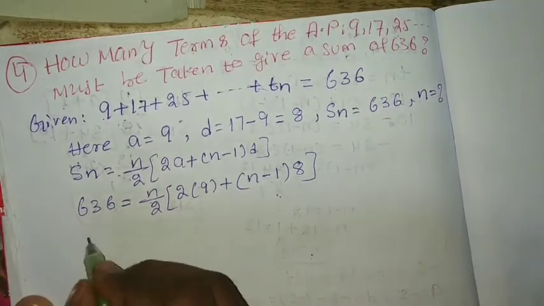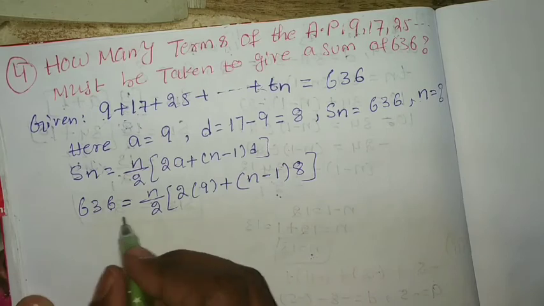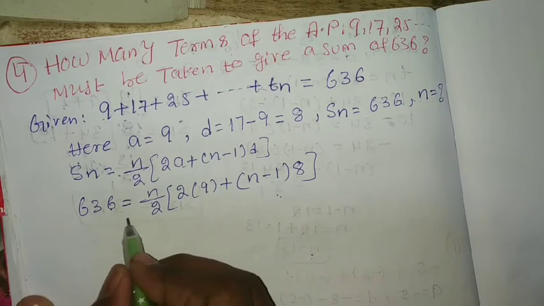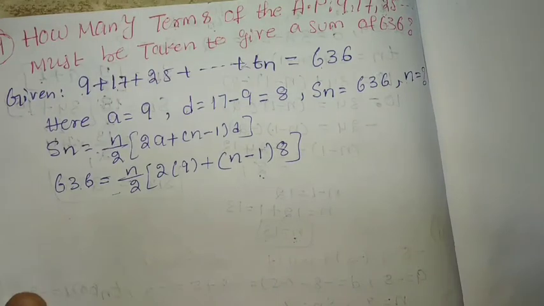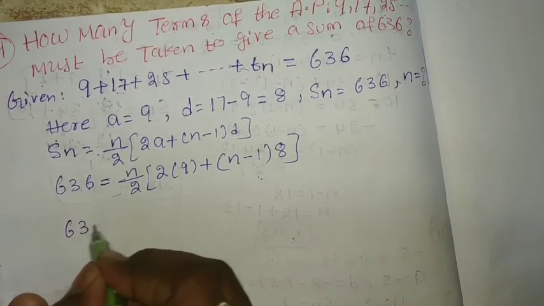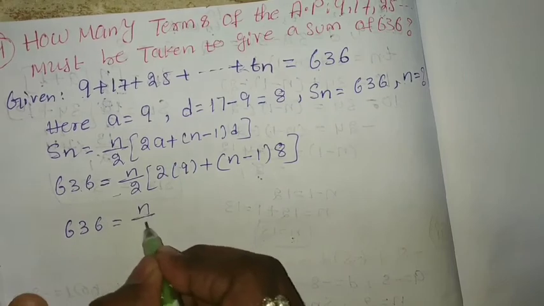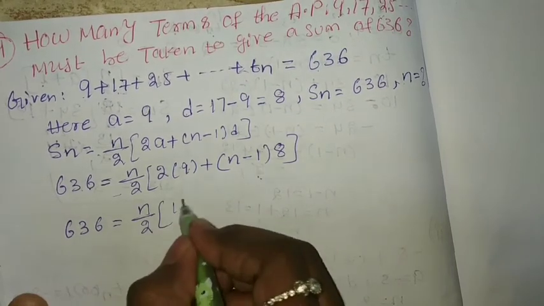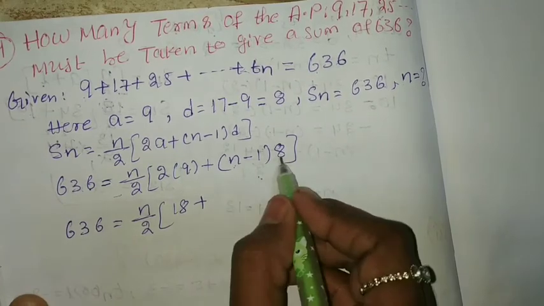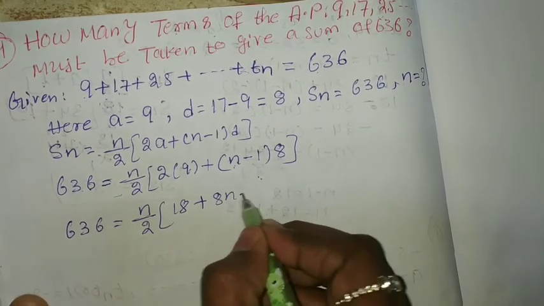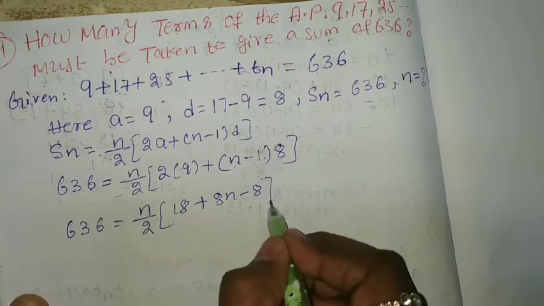So 636. Before that, do it like this. 636 is equal to n by 2 into (2 nines are 18, plus multiply 8 inside: 8 into n is 8n, minus 8 ones are 8).